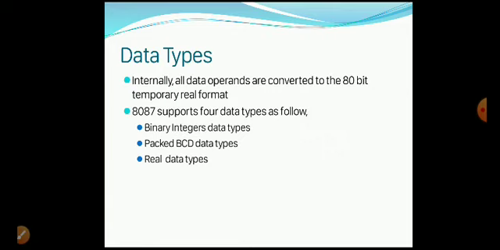So what is the 80-bit temporary real format? We'll discuss in the upcoming slides. We'll discuss one by one what the different fields are in these three kinds of data types.